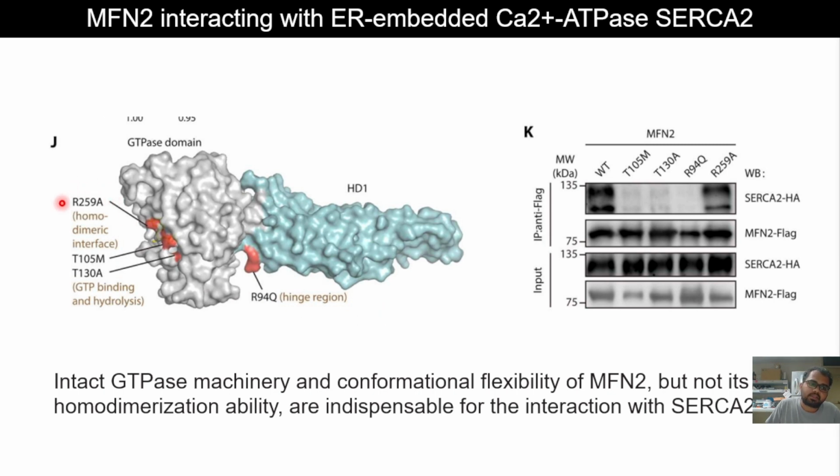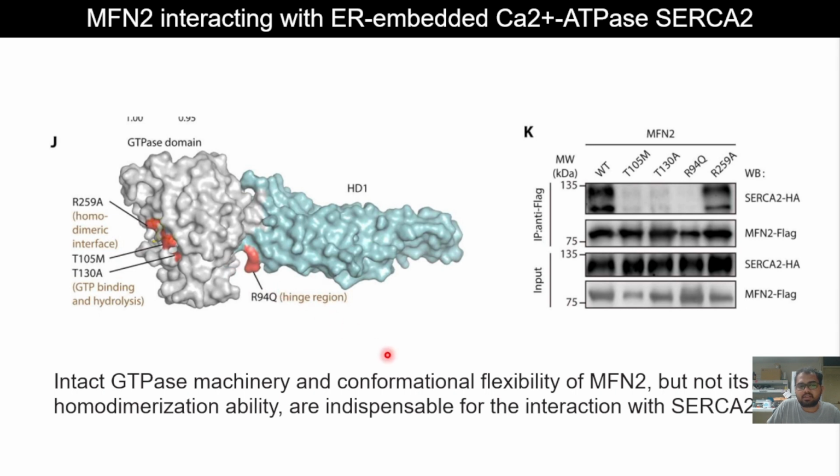For example, if you can see this R59A site, they did a point mutation to know the role of this particular site. This particular region is responsible for the homodimeric interface. This region is responsible for GTP binding and hydrolysis, and this region is the hinge region.